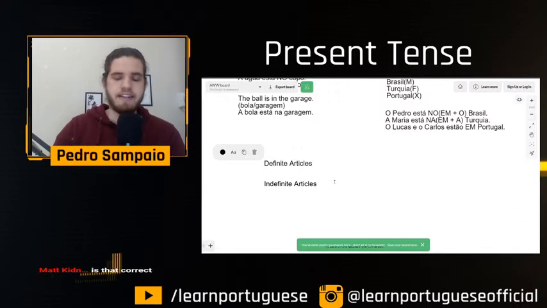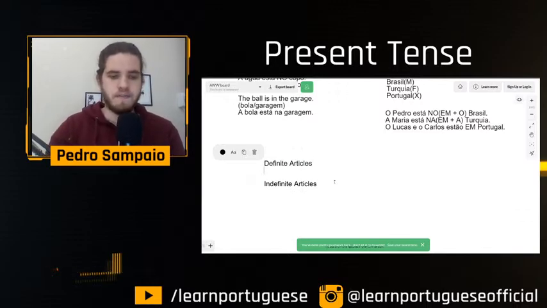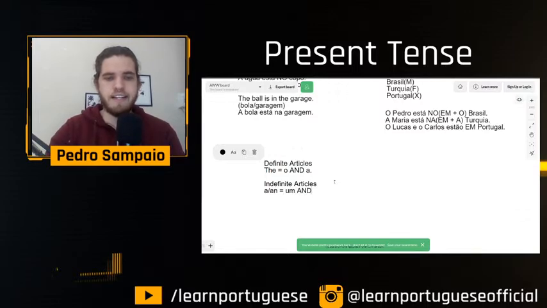So without using technical names, definite articles in English will be the, and in Portuguese, as you already know, we have two, o and a. Indefinite articles in English would be a or an, and in Portuguese that would be um and uma.